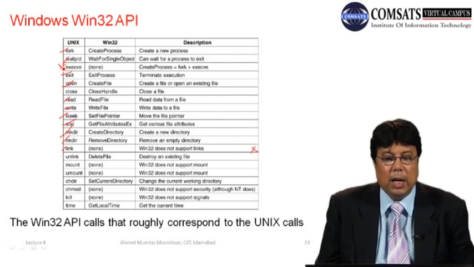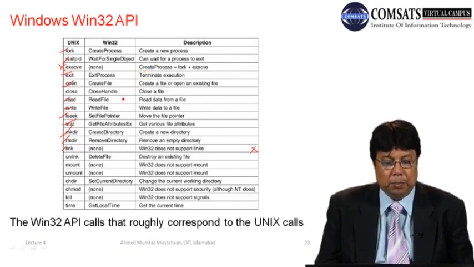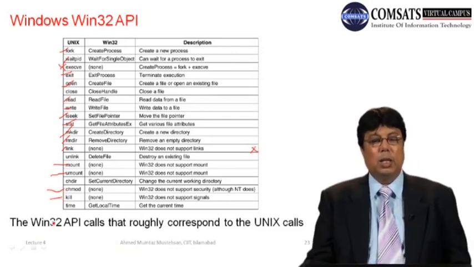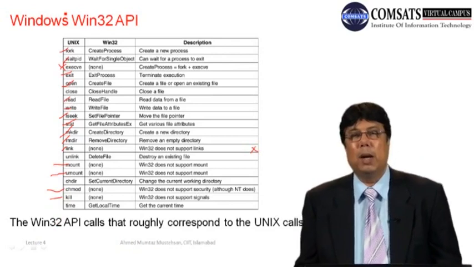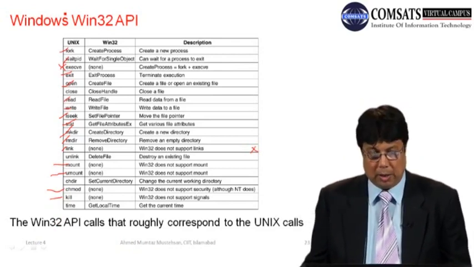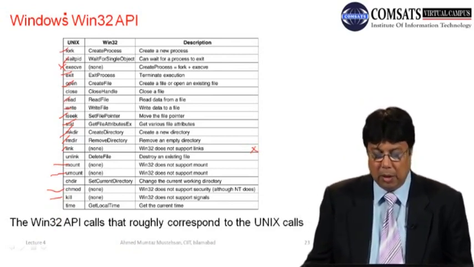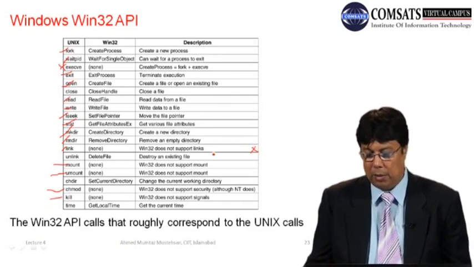Okay, how do we do this work? By combining fork and execve, number of commands, both commands combined. So mount is not there in the Windows environment, so unmount is also not there. Change mode is done in some other way there. So these are some matching and some mismatching system services or system calls available for the Windows environment.